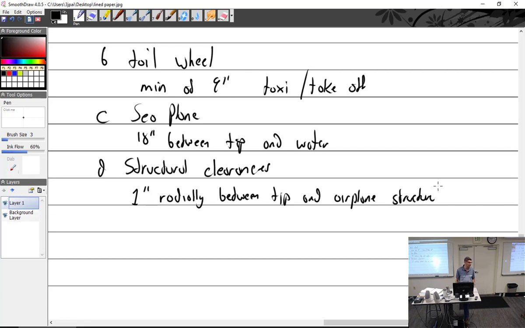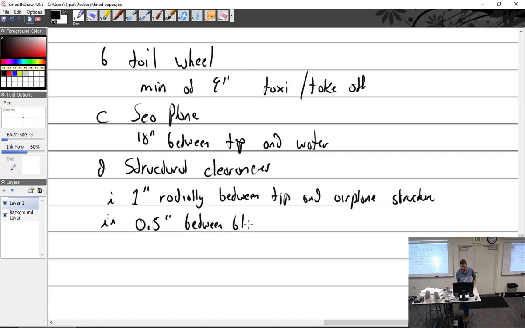Like from the, it's that much between the fuselage and the prop. That's like 1 inch. How about that? 0.5 inch or half an inch between longitudinally between blades or cuffs and stationary parts.